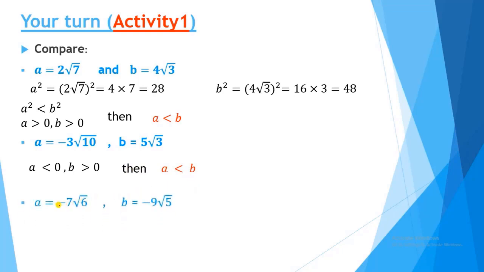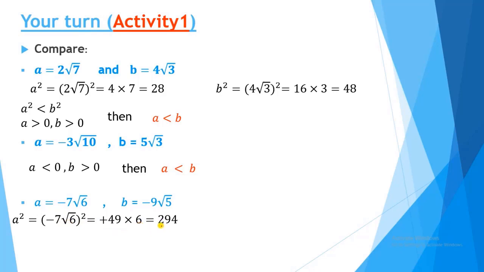The last one, A equal minus 7 radical 6 and B equal minus 9 radical 5. These numbers are negative numbers. I will square A and B. First step, A squared, (minus 7 radical 6) squared, because we have an even power, minus will become plus, the square of 7 is 49, and we remove radical 6, which gives 6.